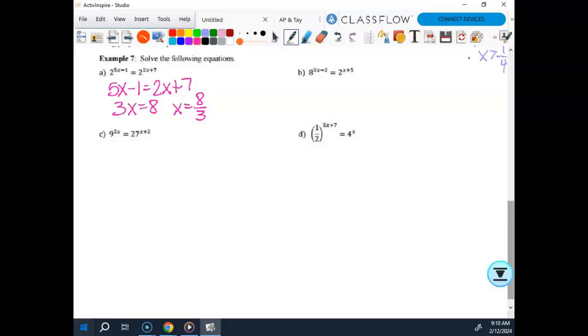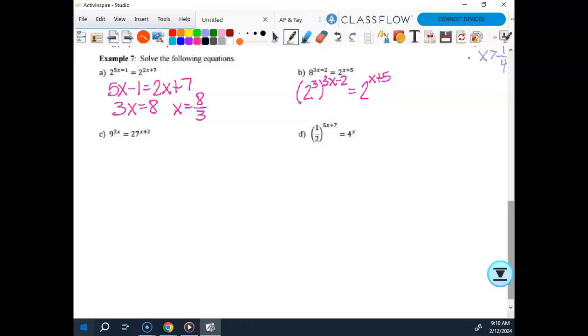On B, my exponentials do not have the same base, but can I change that 8 into a base of 2 to some power? Yes. So 8 is 2 to the what power? Third. So 2 to the third is my 8, and then I still have it to the 3x minus 2 power. That's equal to 2 to the x plus 5 power, right? So now I have common bases.